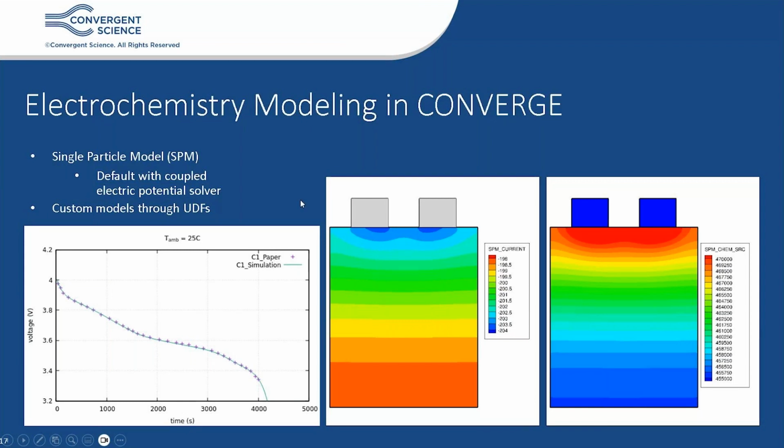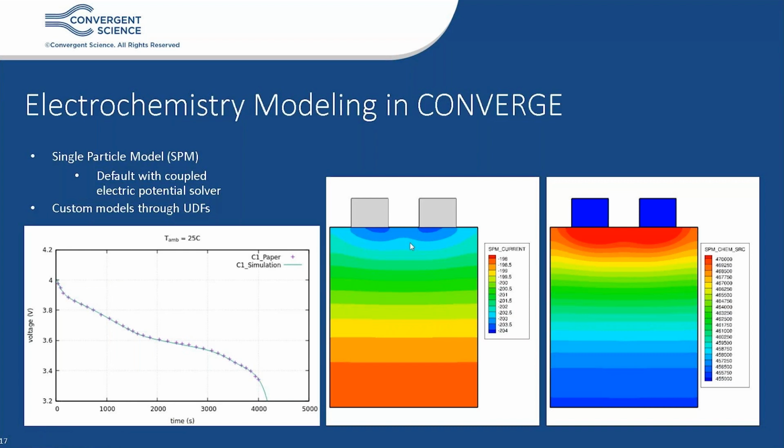Looking at 3D results, the electrochemical model is implemented in 3D and takes into account local conditions. So it takes into account the local temperatures and the local state of charge across that battery. So the current generation, as you can see, is higher near the tabs, higher negative value because this is under a discharge scenario.